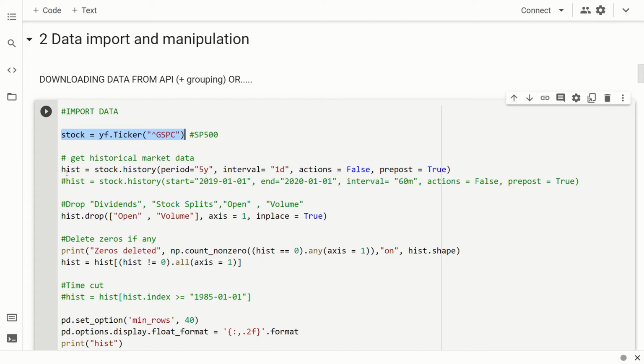Then I am downloading the data here with this line. Stock.history downloads the historical prices for the S&P 500 that I specified in the line above. At this point, I'm going to do some pre-processing of the data. That is very important, but nothing fancy, so I will skip it and leave it in the file so you can read it.